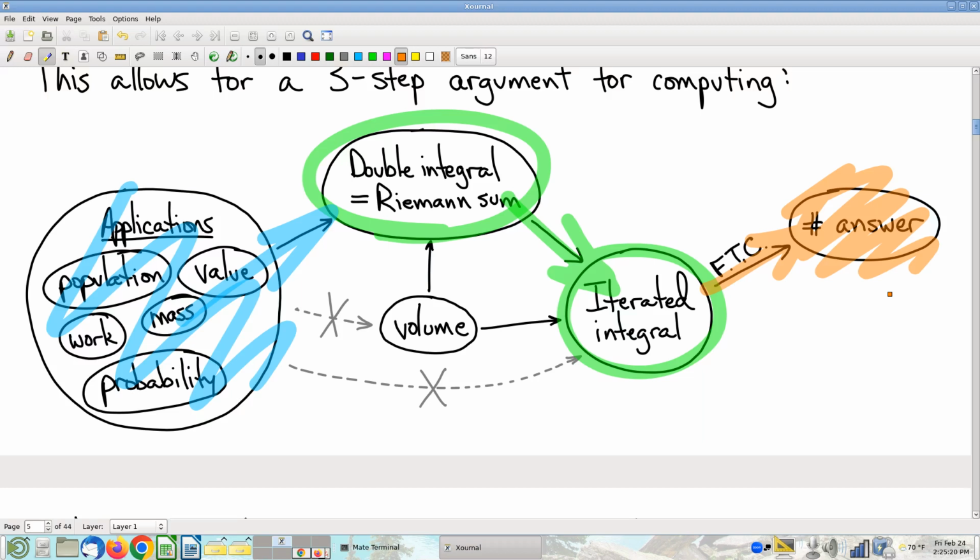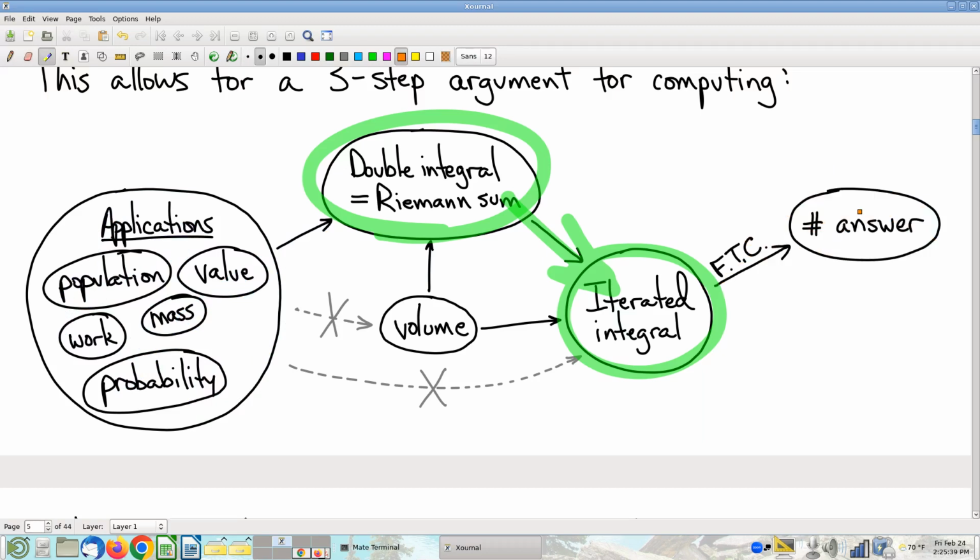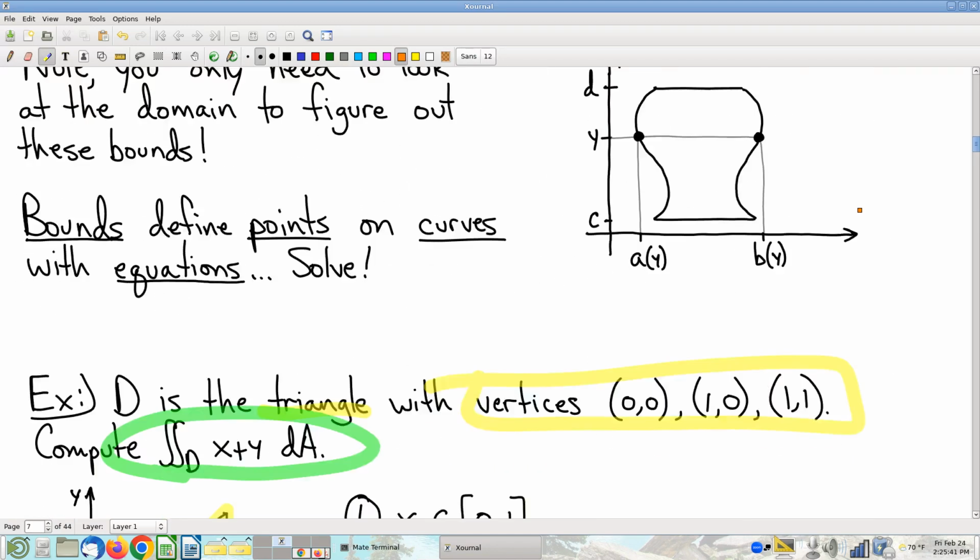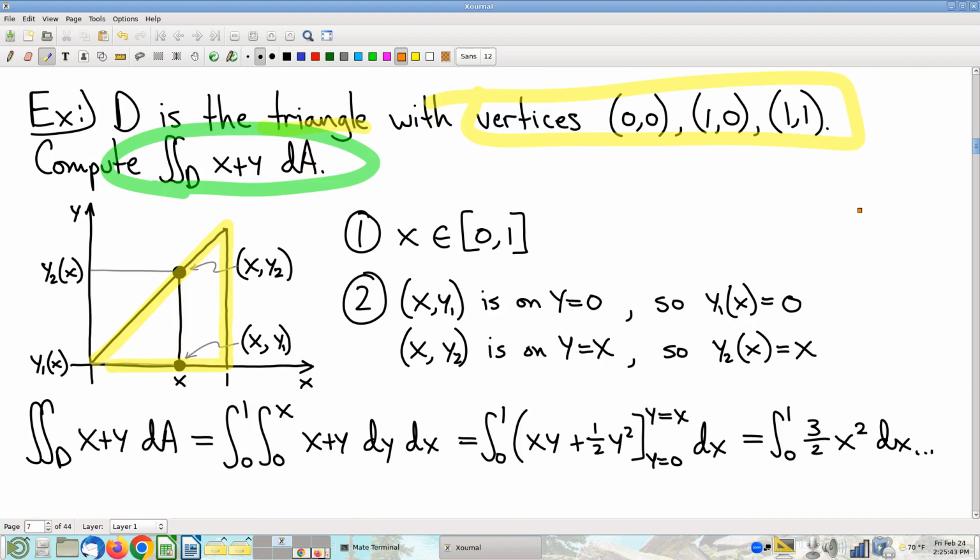Where the application comes from, where the double integral comes from, we've seen some of those as well. This is the new part. For non-rectangular domains, turning a double integral into an iterated integral is our new thing. So we're focusing on this only, just for the moment. Okay, so here we are.